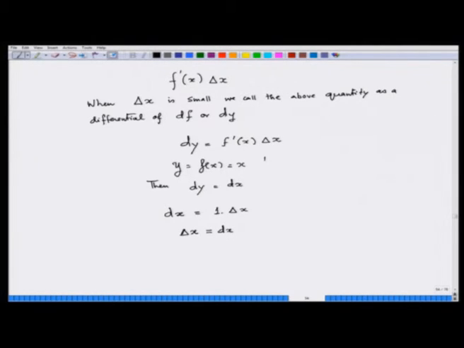That is why delta x essentially is then called the differential of x. That is why the differential of y, essentially telling the change of y when the change in x is very small, is nothing but the derivative of f at x into the differential of x.